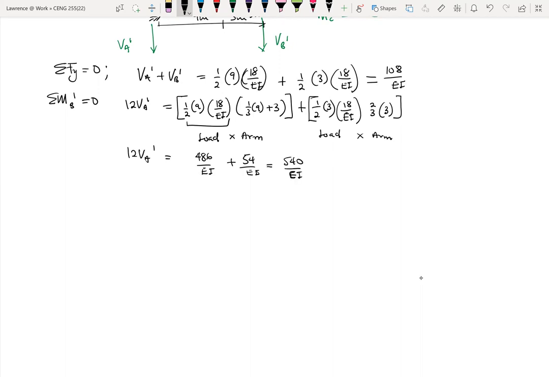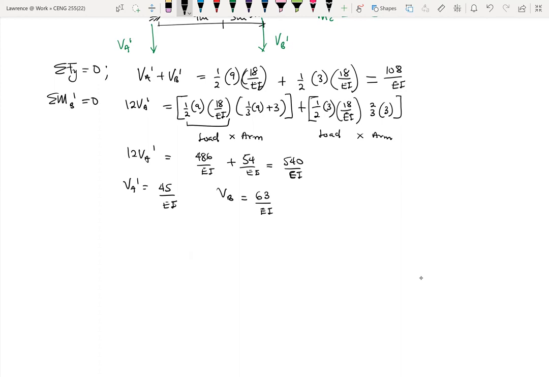So if the 12 goes to divide, then it means that our VA prime is 45 over EI. Okay. Then our VB will simply be this 108 minus VA, right? So VB will also be 63 over EI. All right.